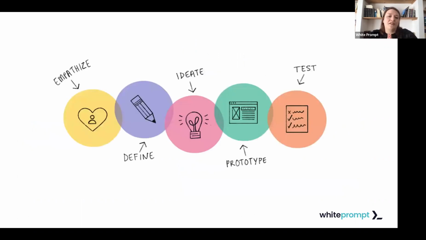So what are the steps of design thinking? Well, first we have to empathize with the user and the problem, and then we define all our specs and product features. We ideate all our product features into a product, and then we gather all this information and create a prototype, and we are ready to test it out.